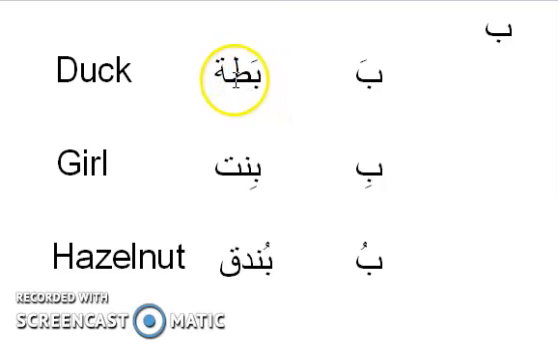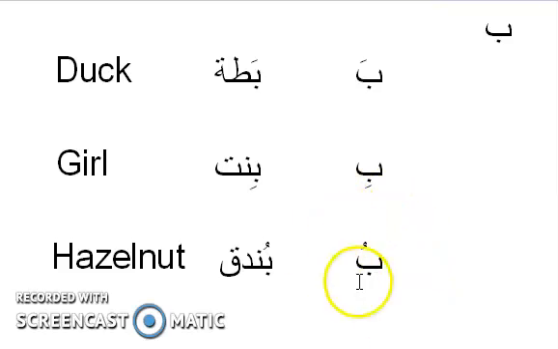We're going to talk about emphatic letters and all of these later, but now we concentrate on the short vowels. When the slash is under the letter, we pronounce it as "bi," so it is "bint."